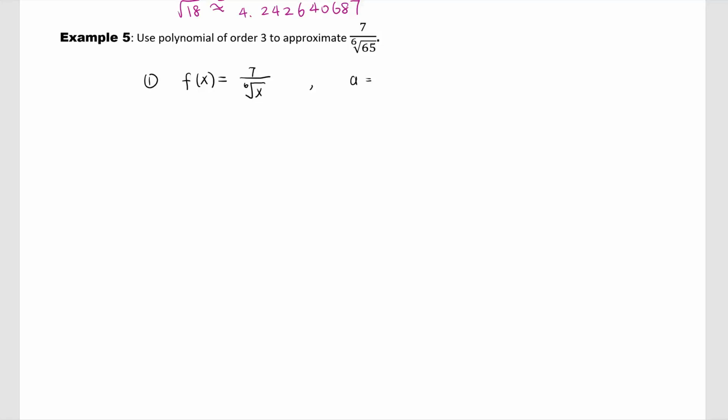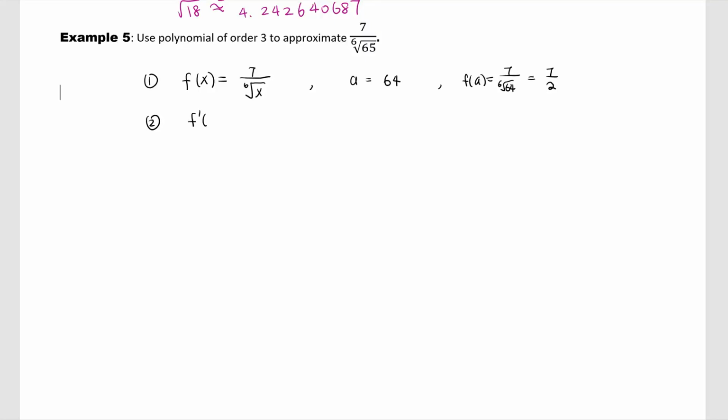Because we know the 6th root of 64 is 2, A is actually 64. Then f of A is 7 over the 6th root of 64, which is 2. Okay? All right, so let's continue.